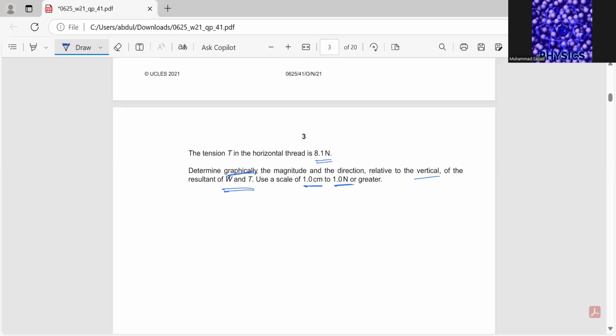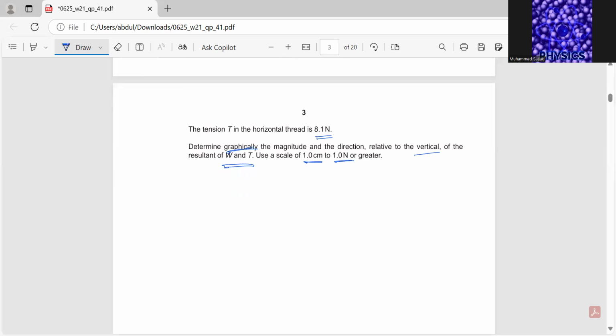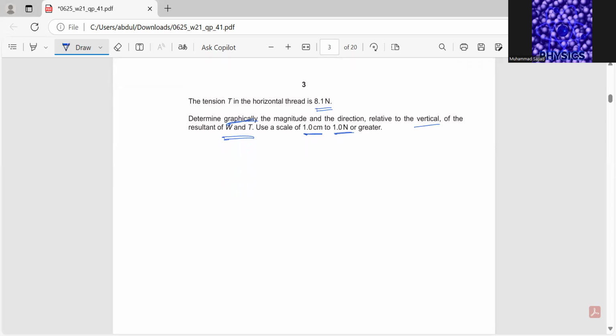So we will be using 1 Newton equal to 1 centimeter. So, my dear friends, 8.1 Newton equals 8.1 centimeter, and 5.4 Newton is equal to 5.4 centimeter.